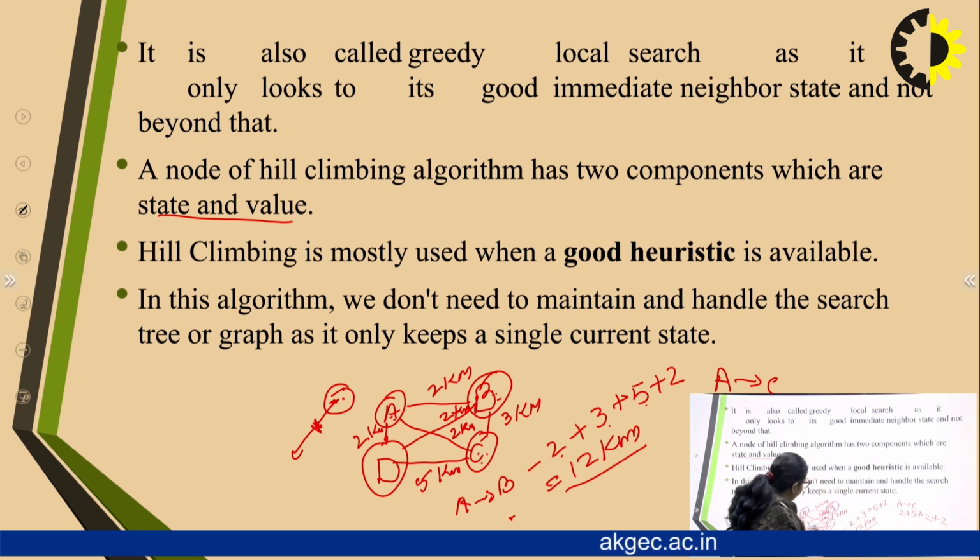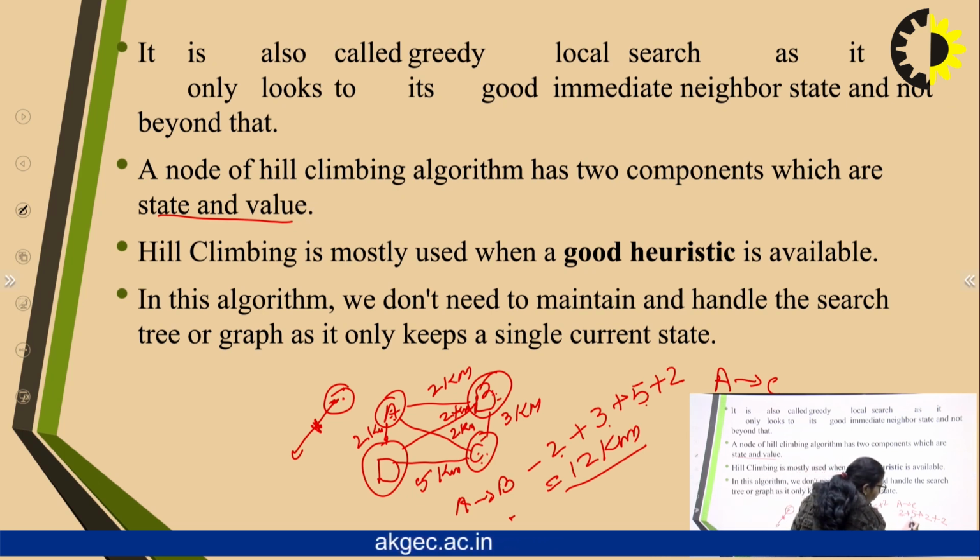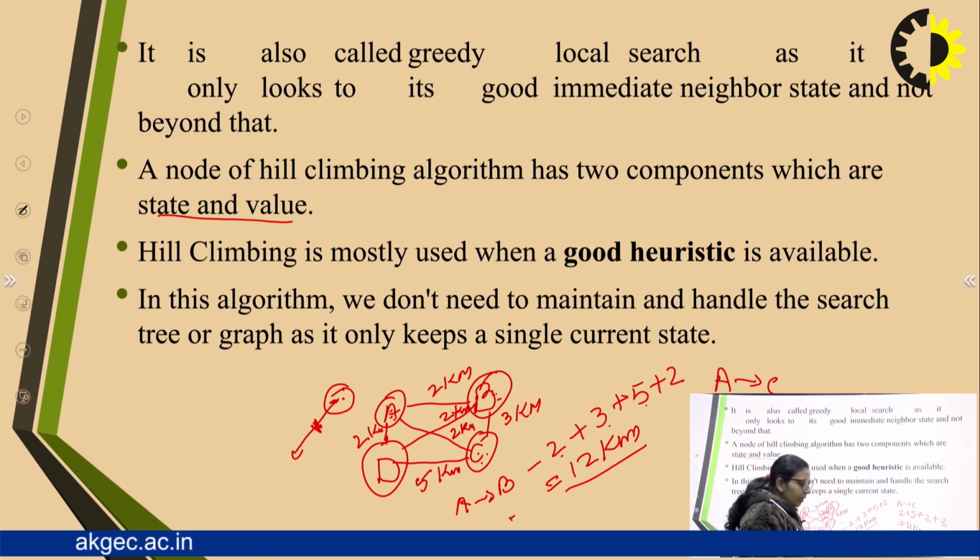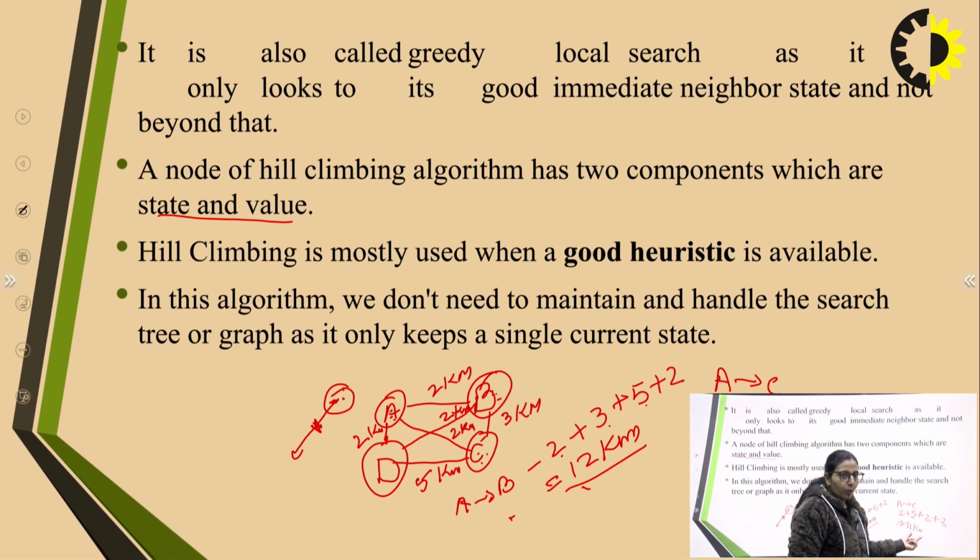Now we can see that the salesman can reach all the cities with a cost of 2 plus 5, 7, 8, 9, 10, 11. So 11 means a salesman can travel all 4 cities with a value of 11 kilometers, while the other one is 12 kilometers. The motive of the TSP problem is traveling all the cities with the minimum value, and the minimum among them is 11 kilometers.